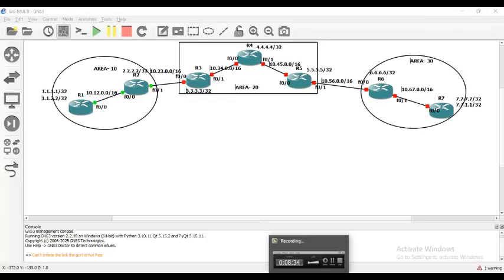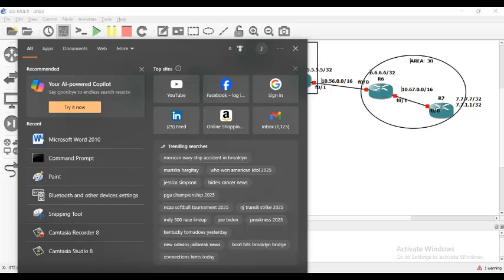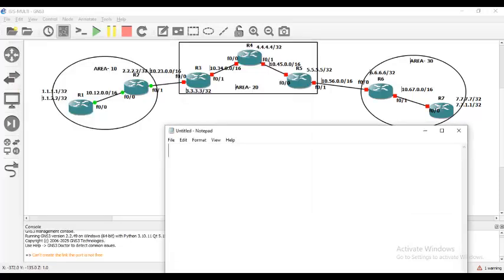So let's parallelly use a notepad to configure the IP addresses.